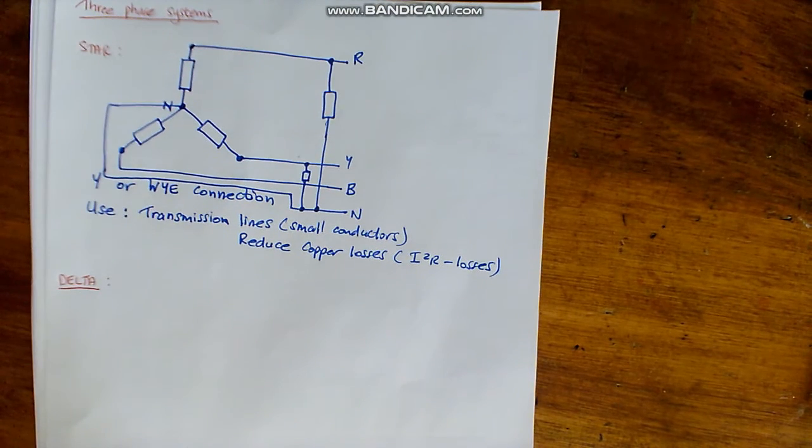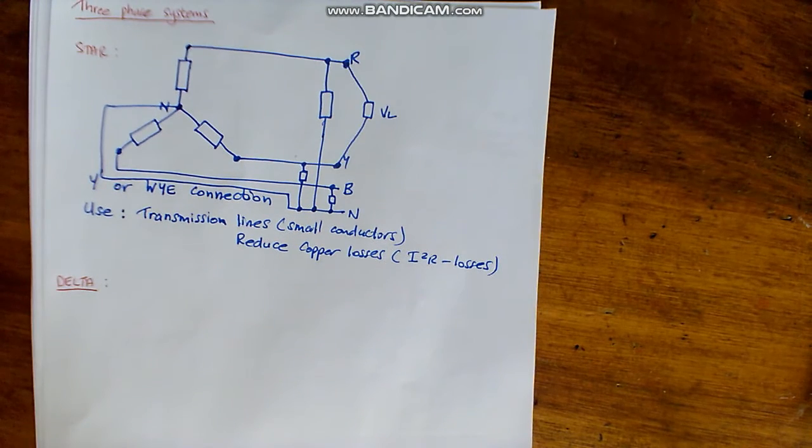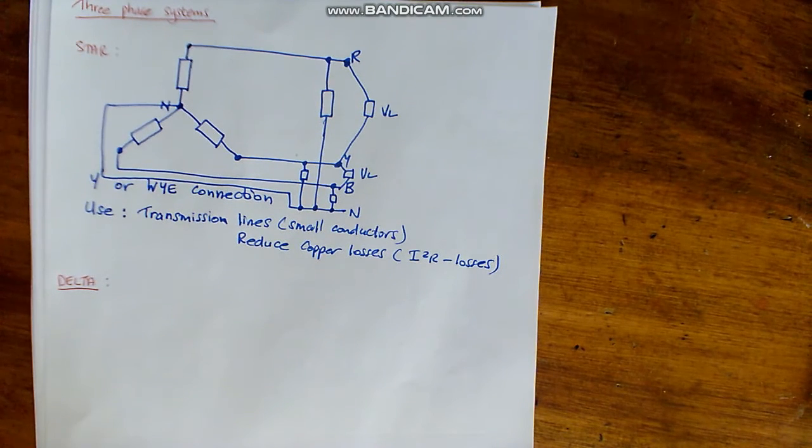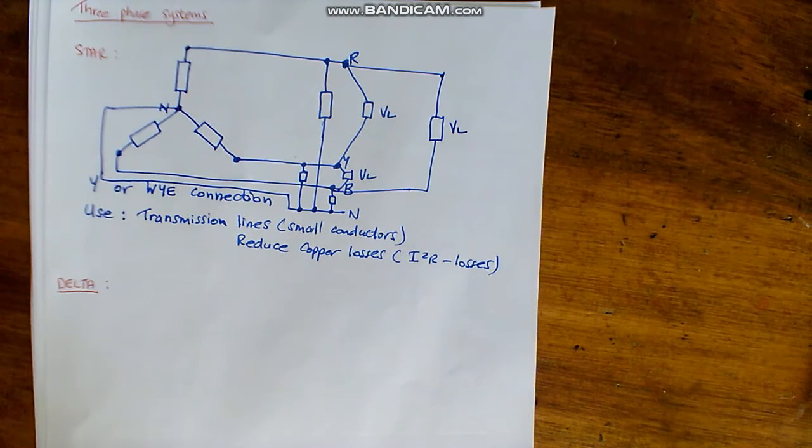We are now going to draw the line voltages between red and yellow, between yellow and blue, and between red and blue. What will the voltage between red and blue be if the voltage between blue and neutral is 220 volts?